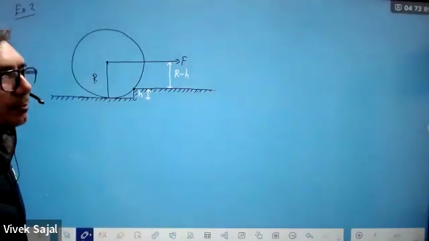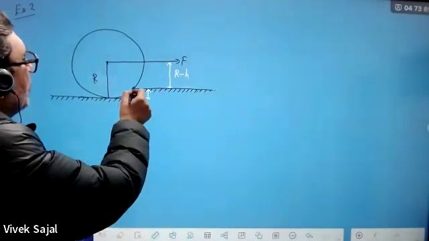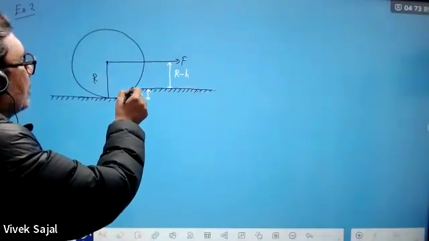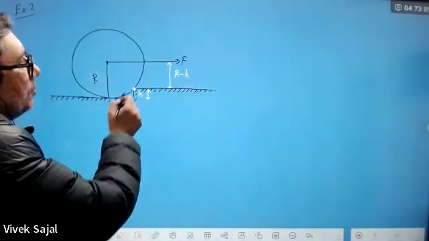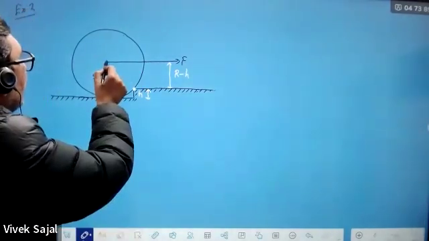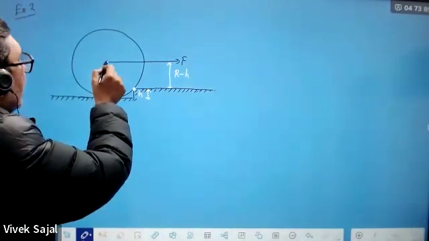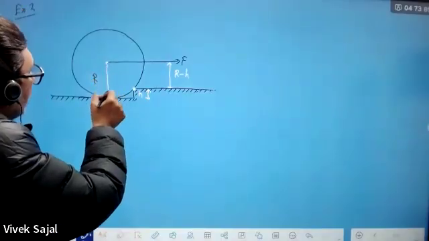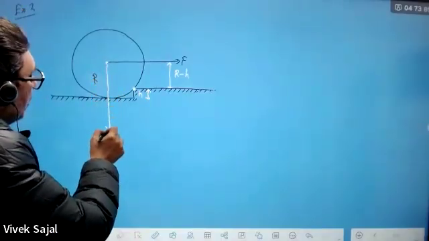Okay, you have to find the minimum. So what is the point of rotation? Try to understand, this point P is the point of rotation. Two forces are acting. One at the center, which is the center of mass, where weight mg is acting downward.